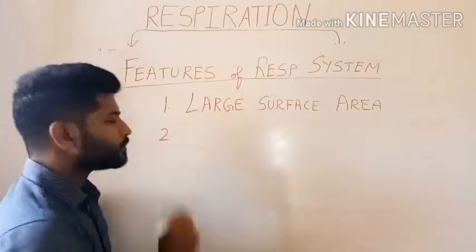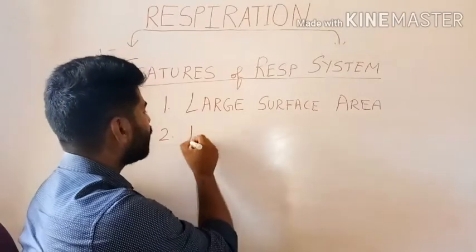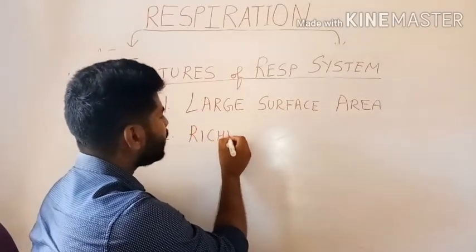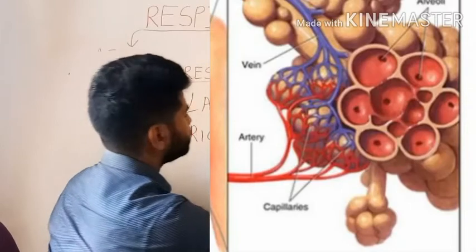Point number 2. These respiratory organs are richly supplied with blood vessels.